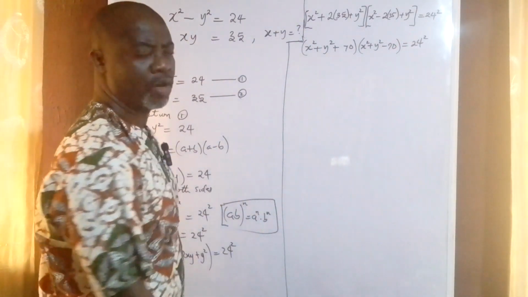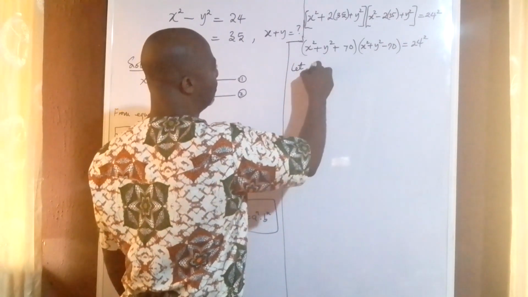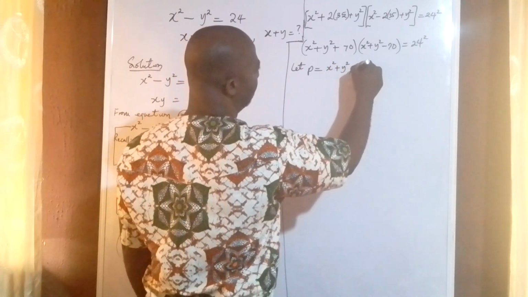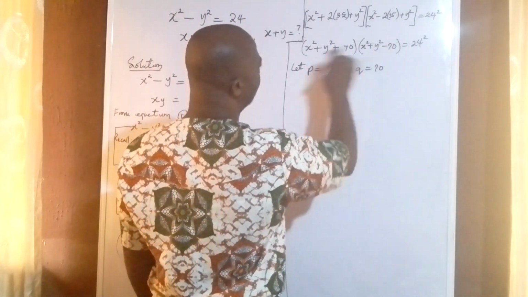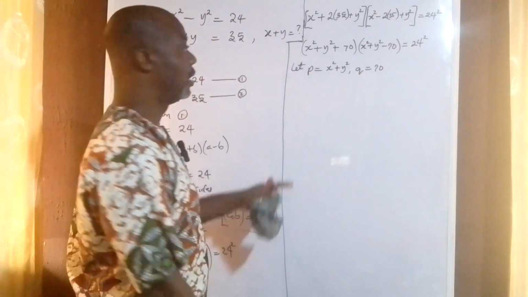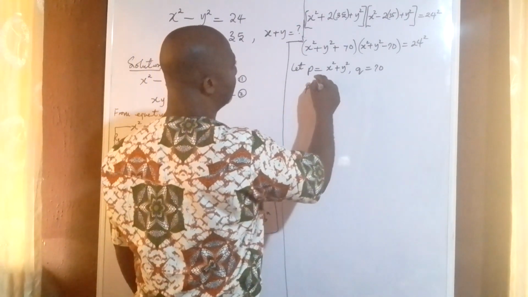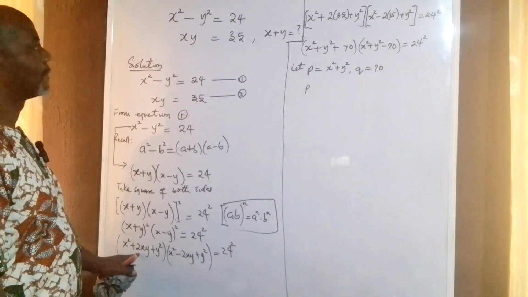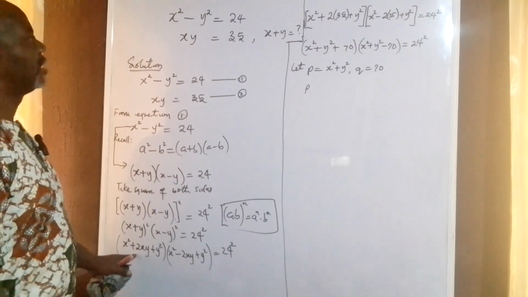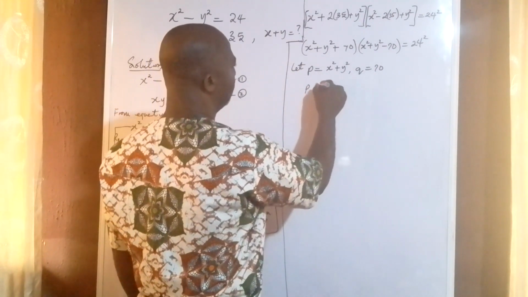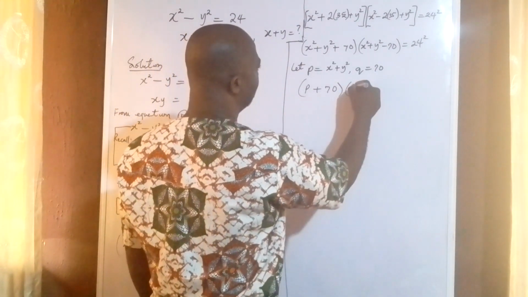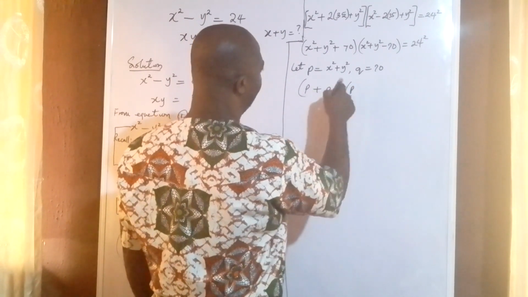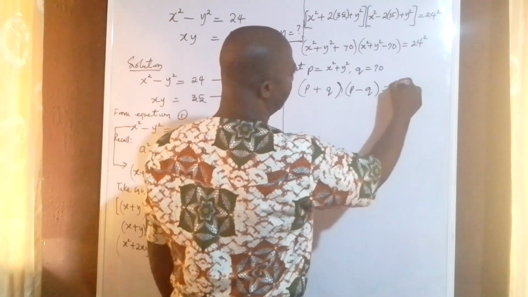Now I'm going to let p equal x squared plus y squared, and then let q equal 70, so that the whole of the left hand side becomes p plus q times p minus q equal to 24 squared.